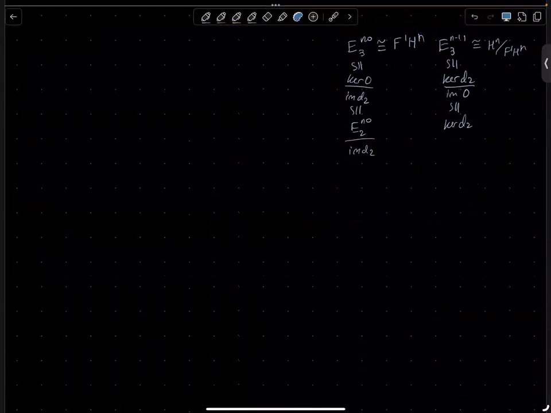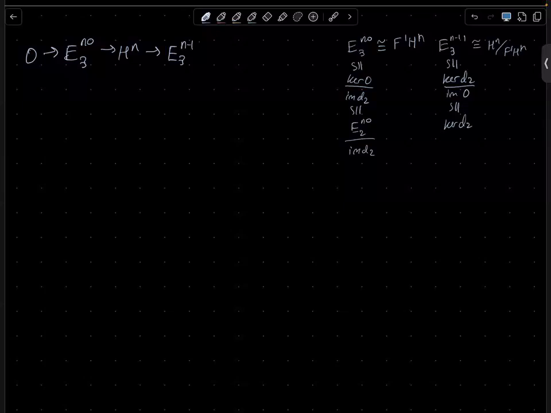It's just for reference. So, okay, at the E3 page, we get these short exact sequences, just like in the last one. You can do 0, E3 N0, which was F1 HN. So this one is N0, and that goes into HN. And then we surject onto E3 N minus 1, 1, and then goes to 0.